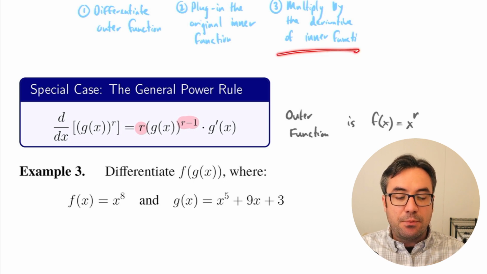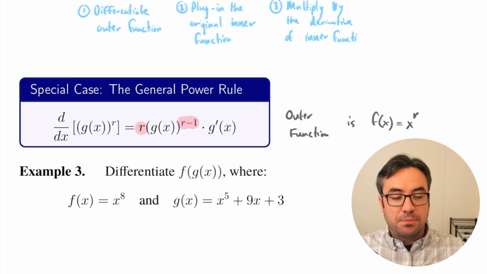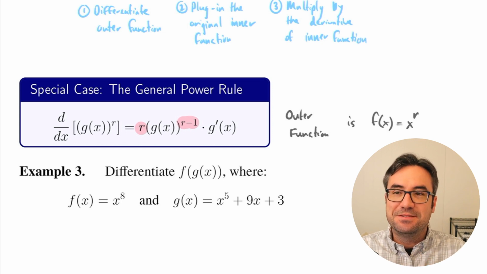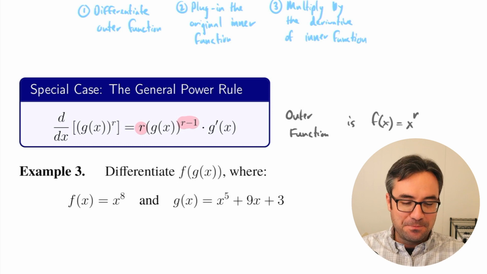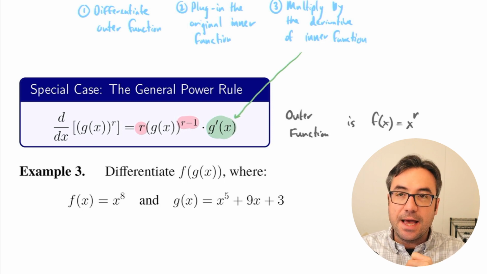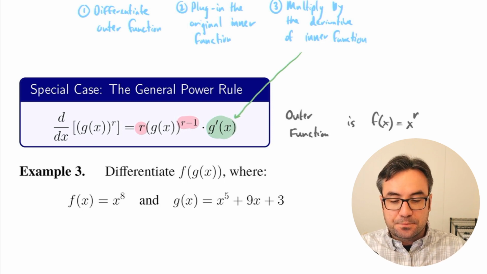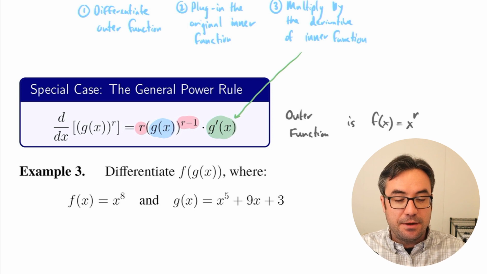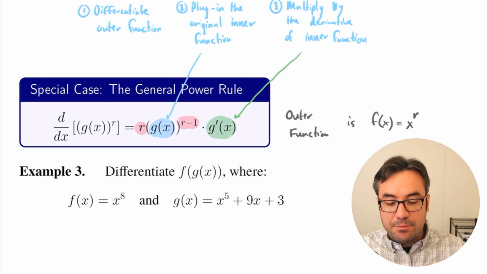The last step was to multiply by the derivative of our inner function, and that's what we're seeing right here at the end. We have the derivative of g of x getting multiplied at the end, and our original inner function g of x getting plugged in at this step.